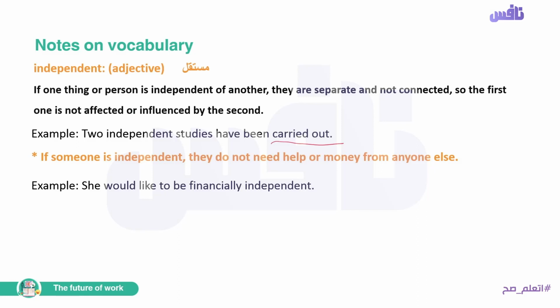Example: she would like to be financially independent. هي عايزة تكون مستقلة ماليا.